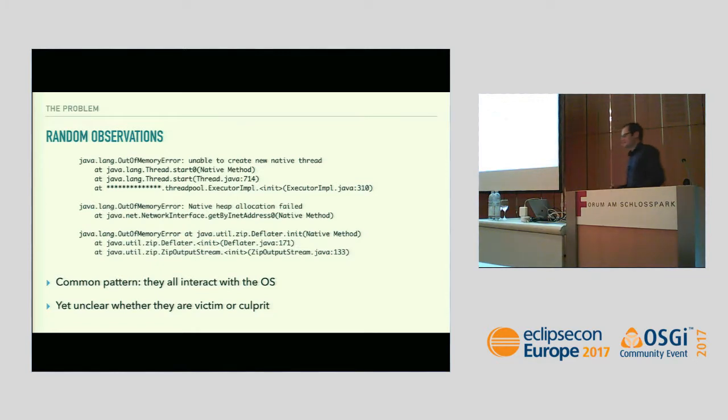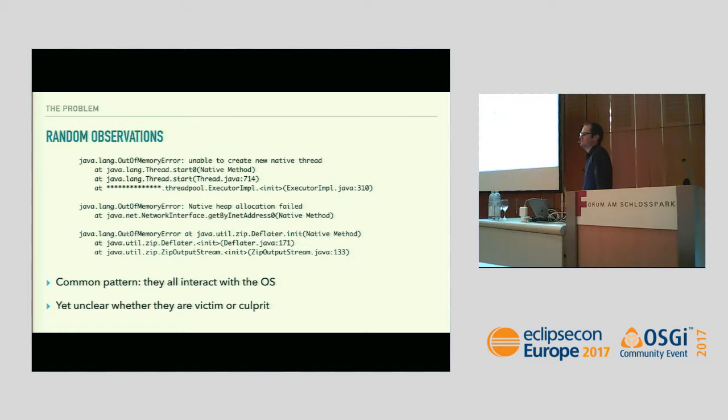So now, one day it happened that in our Kibana instance, we saw this. We saw out-of-memory errors in different locations or on different occasions. The only common pattern that we found is that they somehow interacted with the operating system, so they do some native calls.